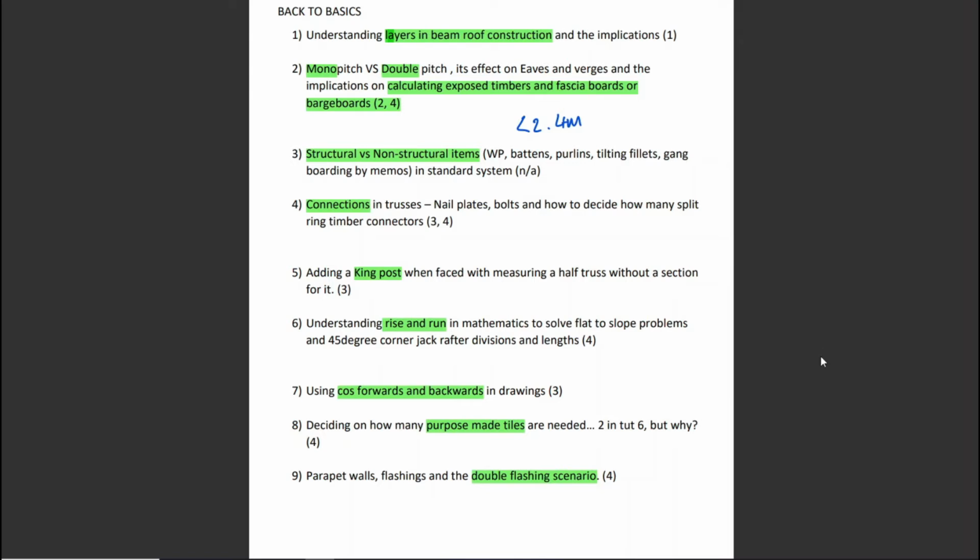So basically you just need to know it's wall plate, battens, purlins, tilting fillets, and your gangboarding I've added, because gangboarding in all of our memos we did not include it into those categories of timber lengths in the standard system. So that is pretty straightforward.